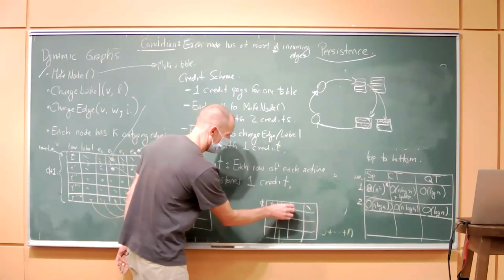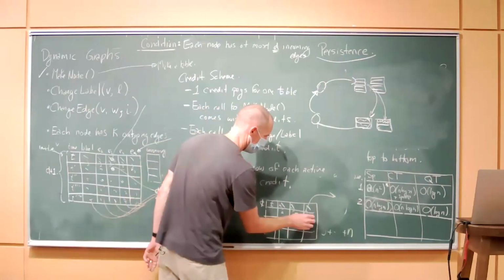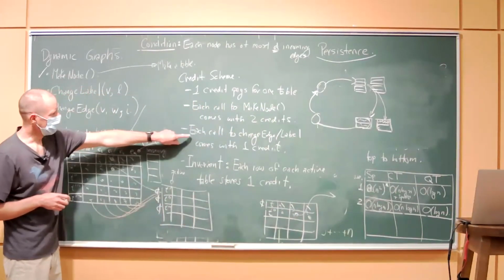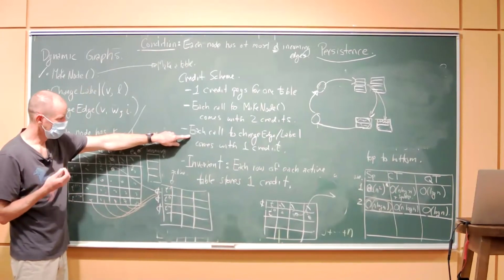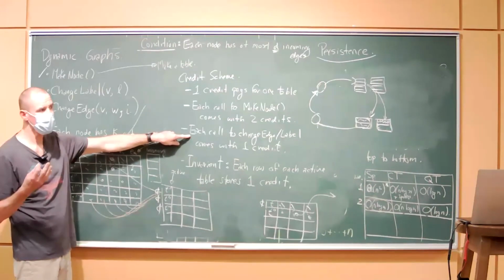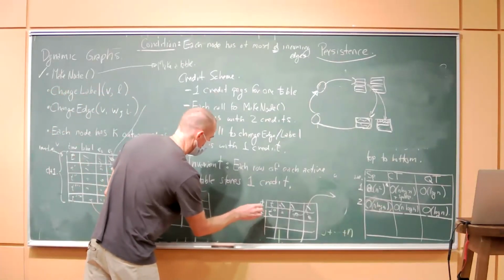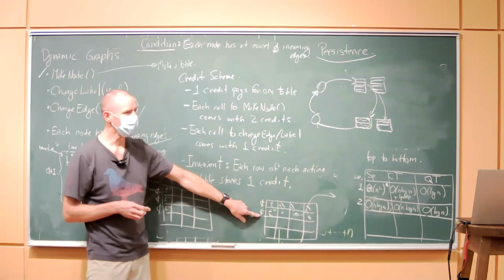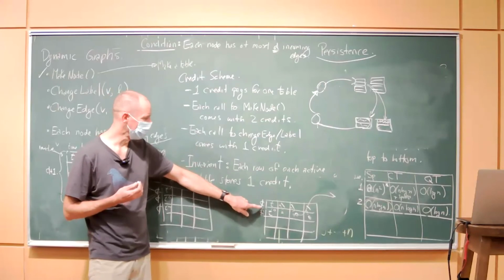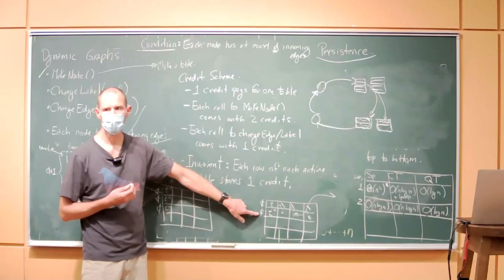So you copy everything from the previous row, change the appropriate thing, set the timestamp to the current time, and the caller of change edge gave you a credit, which you don't need to spend right now because you didn't have to create a new table. But you need to save it because the credit invariant says you need to have a credit on every row of every active table. This is an active table. I just filled in a new row. So that credit that was given to me, that's where I have to put it.